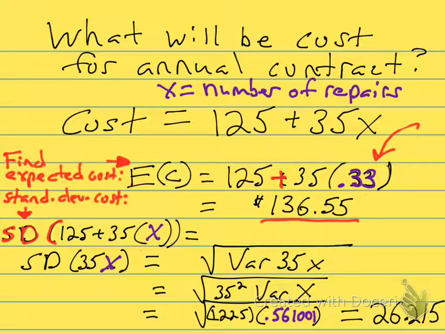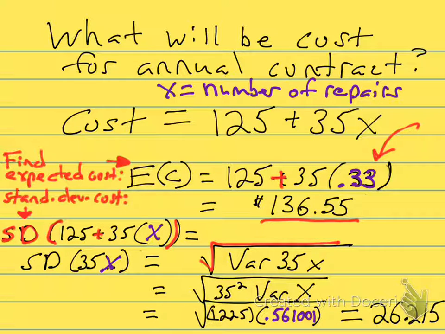Now, as far as finding the standard deviation, in this case, we're going to have the $125 annual fee plus 35 times the expected number of repairs. So that would be the standard deviation of just the 35 times x. Because remember, when we're talking about measures of spread, it's not affected by the addition or subtraction of a scalar value. In this case, we're going to go ahead and use the square root of the variance for 35 times x.